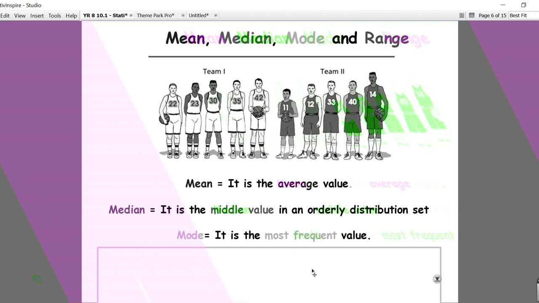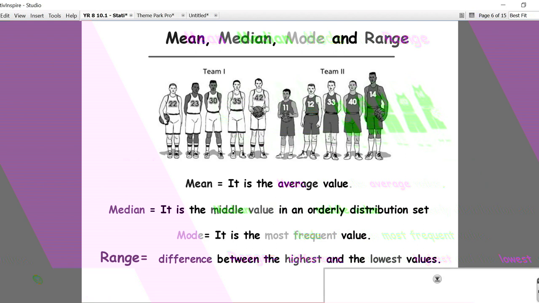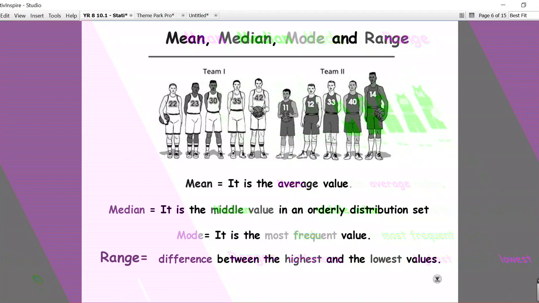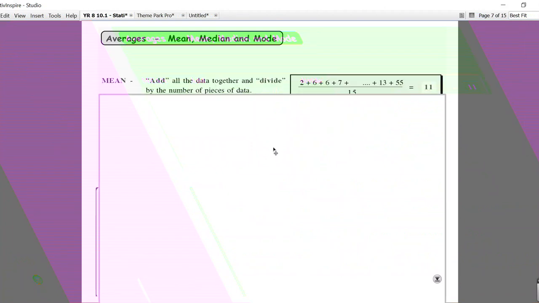The mode is the most frequent value, and the range is the difference between the highest and the lowest of the values. Everybody is quite well aware of this. The range is a measure of dispersion, and the mean is a measure of center, and the median too.